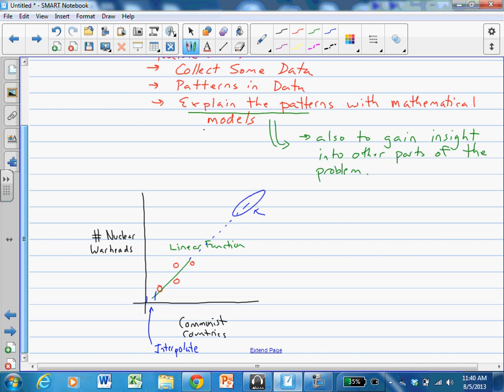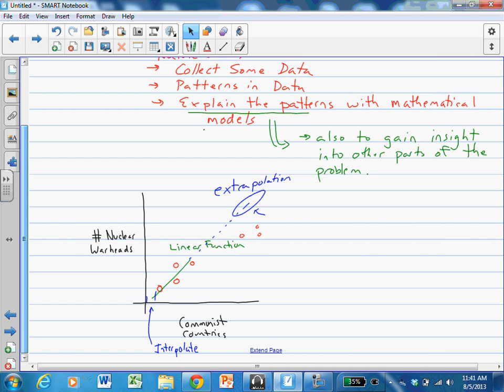Now there's danger in this, because if we got more data and we notice things like this, then we start to think that actually the linear function doesn't explain the model perfectly either. So extrapolation can be dangerous as well. But many times we do this to get at understanding, at least partial understanding or a good guess, on what's going on out there.